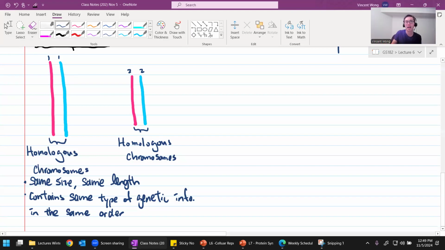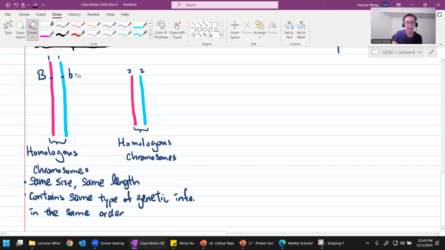So what do I mean by the same type of genetic information? Well, let's say over here you inherit the brown eye gene from your mother because your mom has brown eyes. And your dad happens to have blue eyes, so you would inherit the blue eye gene.